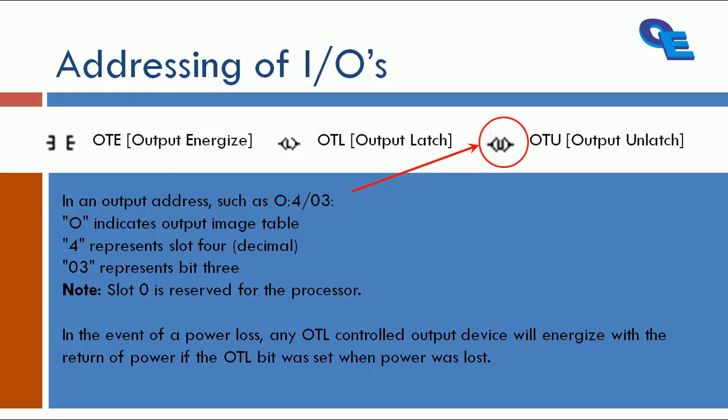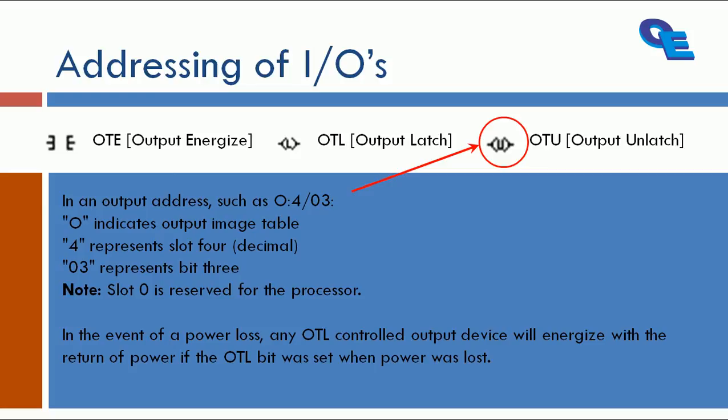In an output address such as O colon 4 by 03, O indicates the output image table, 4 represents slot 4 in terms of decimal, and 03 indicates the third output bit from slot 4.